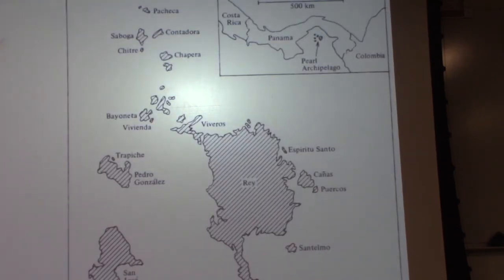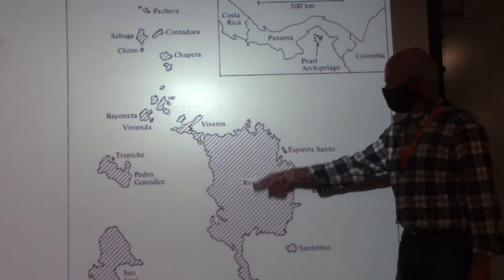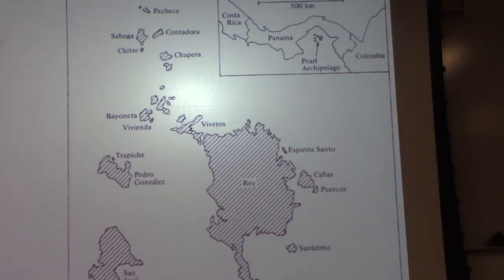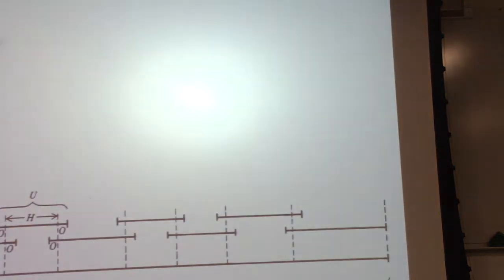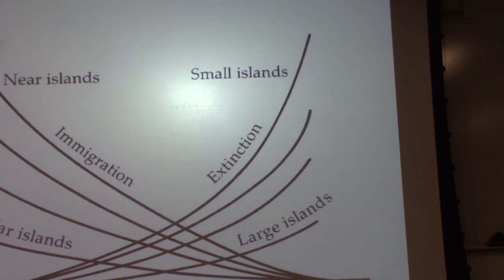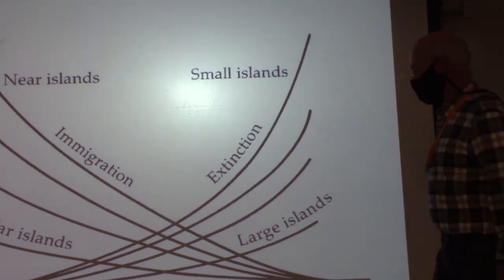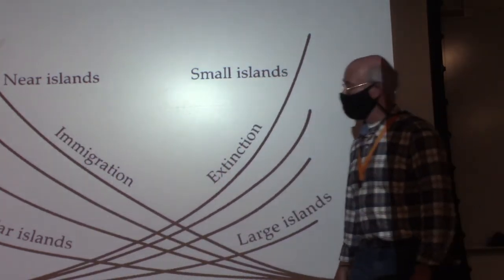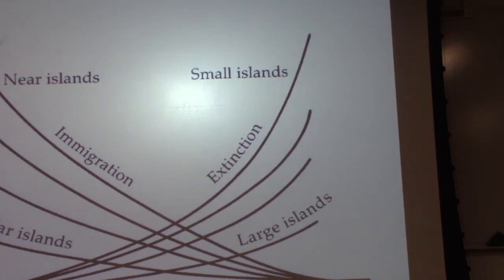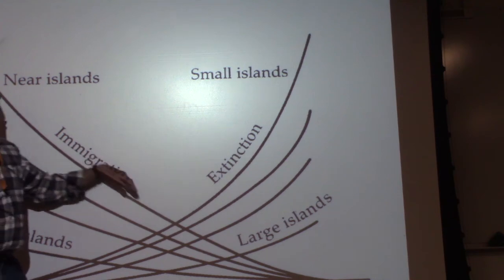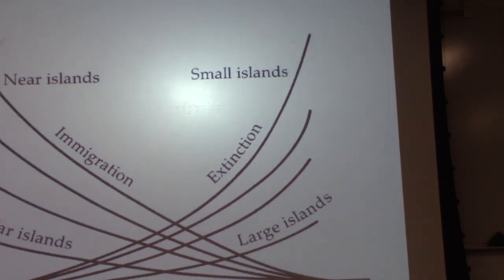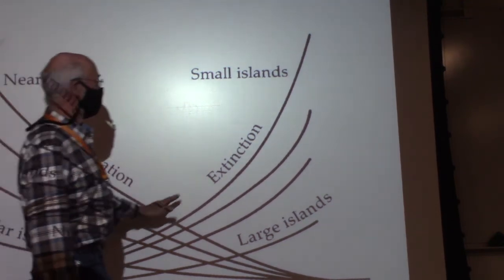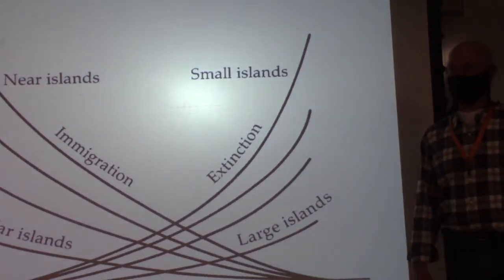We can do the same sort of things with these islands off the coast of Panama. It's the same principle. But here's what we want to pay attention to. This axis down here is number of species, and this axis up here is the rate. And there are two rates that we're looking at. We're looking at the rate of immigration onto the island, and we're looking at the rate of extinction from the island.